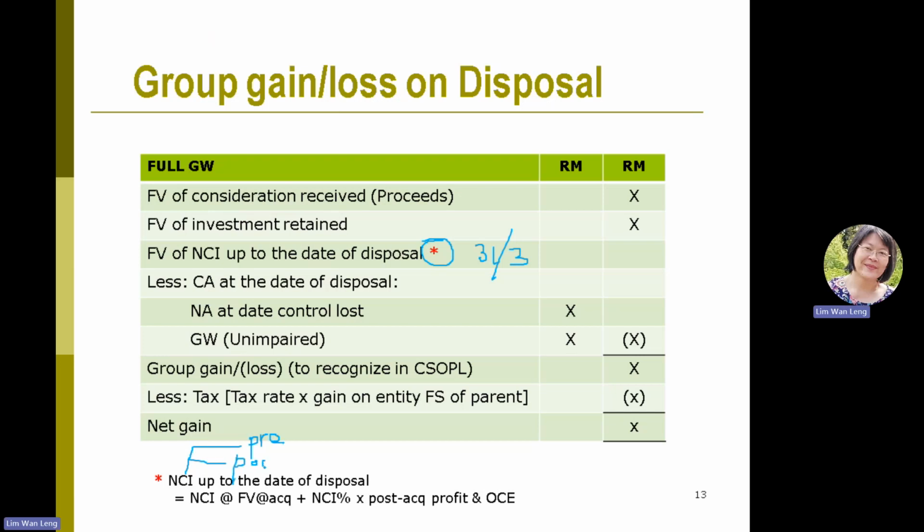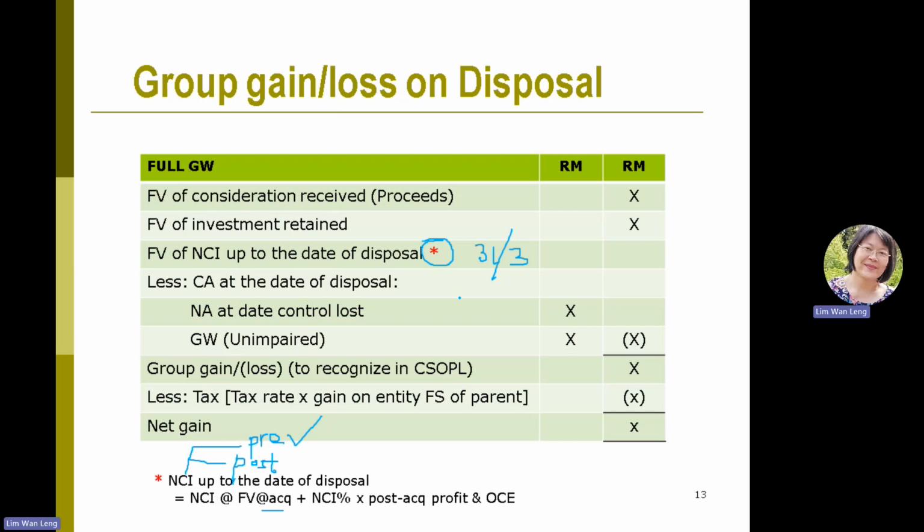The pre figure, usually you get it from the computation of the goodwill. When you compute the goodwill, you will have the NCI figure. That one is NCI at fair value at the date of acquisition.